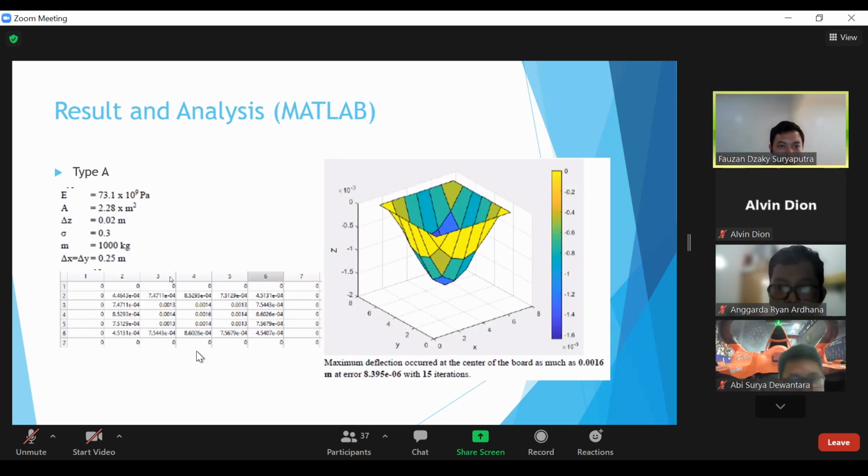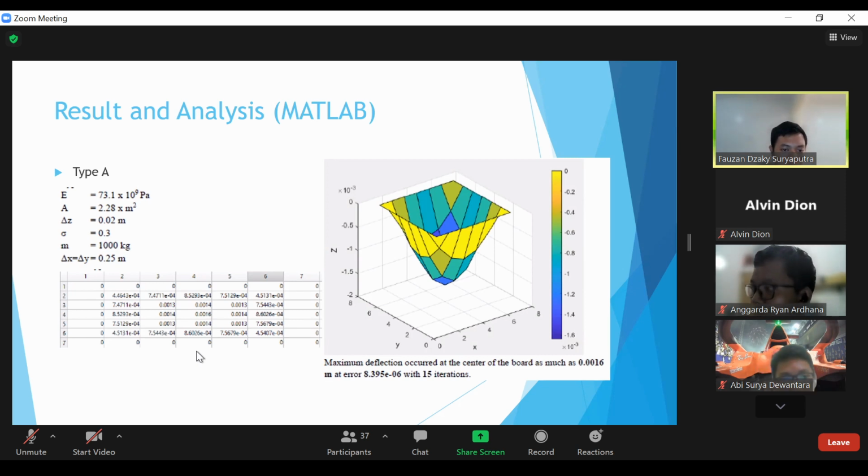So before we get to the code, we'd like to share our result and the analysis. This is from MATLAB. For type A, with the data shown on the screen, we can get the matrix of the nodal deflection that we plot in this table at the left side of the screen.